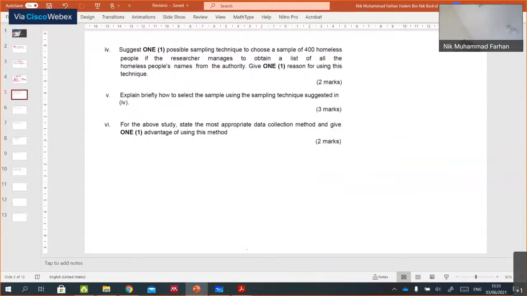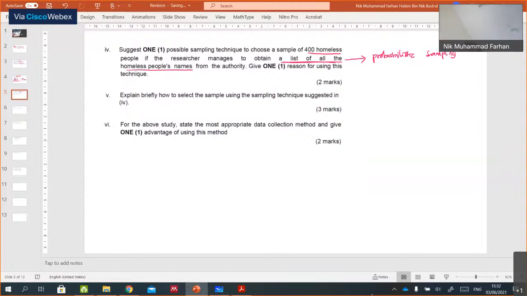Right, suggest one possible sampling technique to choose 400 homeless people if the researcher manages to obtain a list of all homeless people's names. So when you have the list of names, you have to use probability sampling.